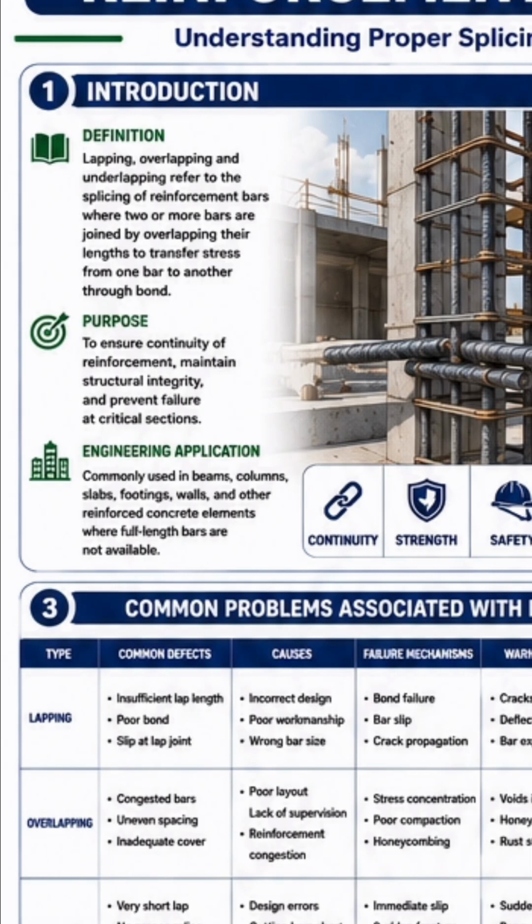Where you don't have a full length bar, you can just introduce lapping so that you merge two reinforcements together, either by using bolt and nut, binding wire, or electrical welding, right?